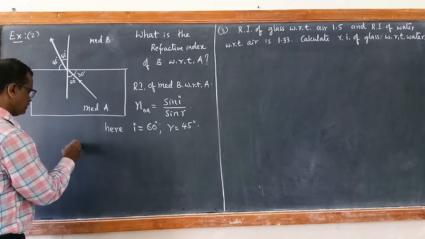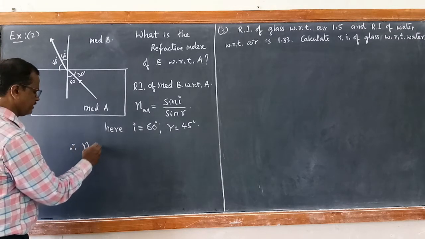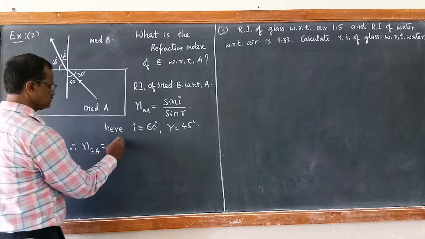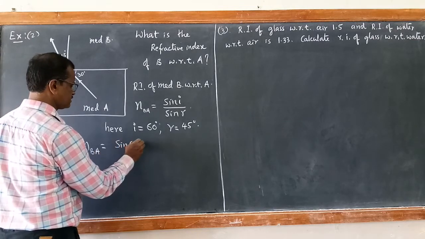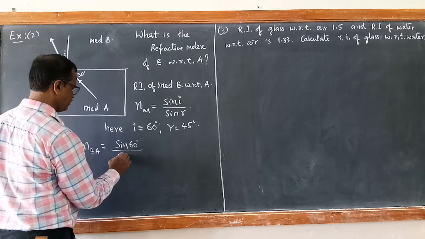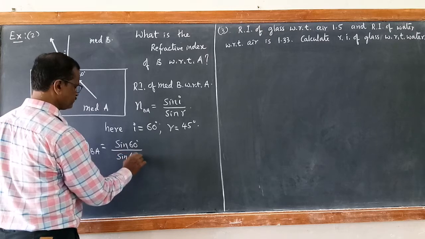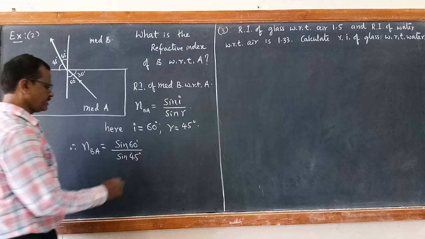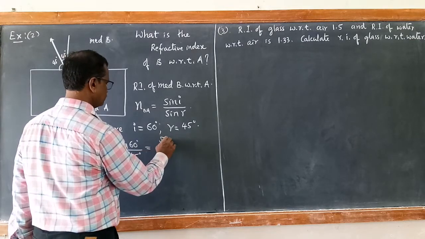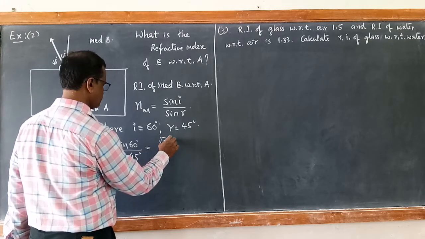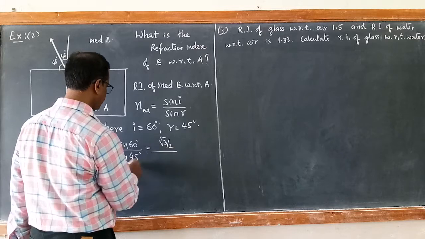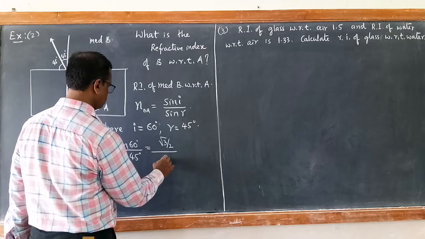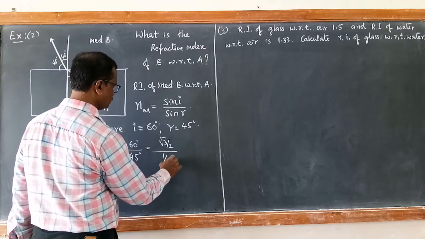Therefore, refractive index NBA is equal to sin of 60 degree divided by sine of 45 degree. So that becomes root 3 by 2 whole divided by 1 by root 2.